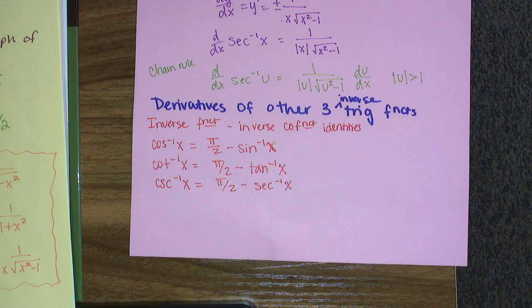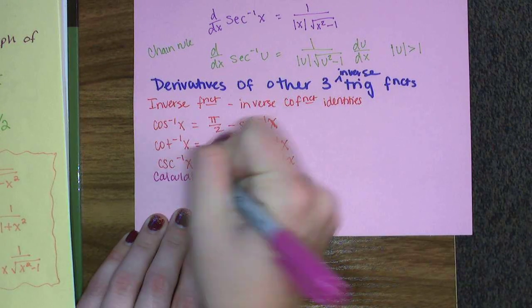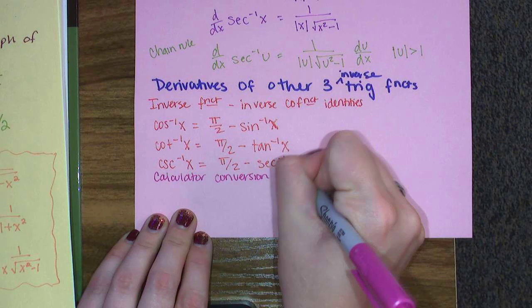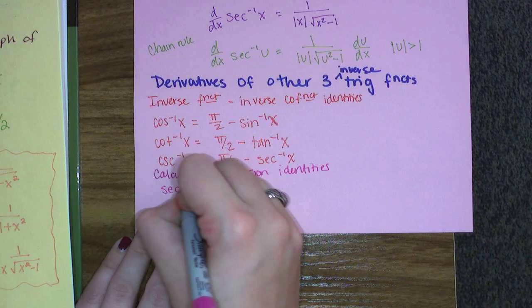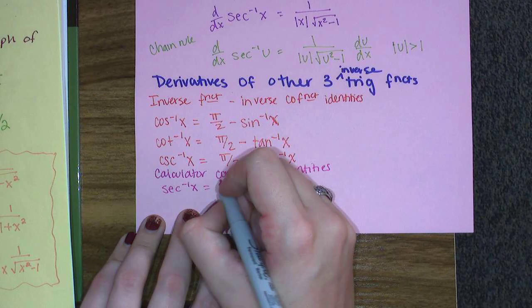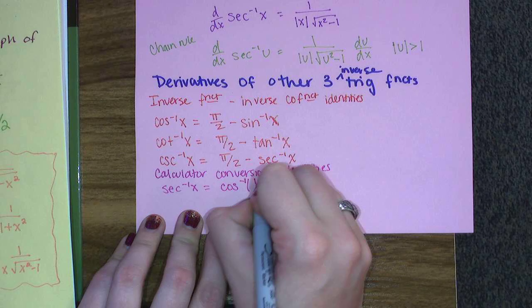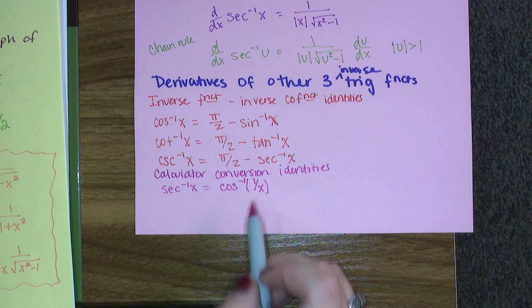So then we also have calculator conversion identities, so you can see how they convert on your calculator. Basically, arc secant of x is the arc cosine of 1 over x, which just makes sense, because secant is 1 over cosine. It just changes what's inside.